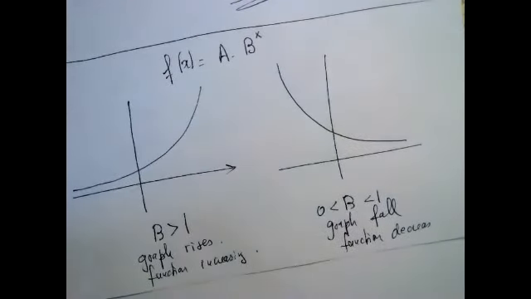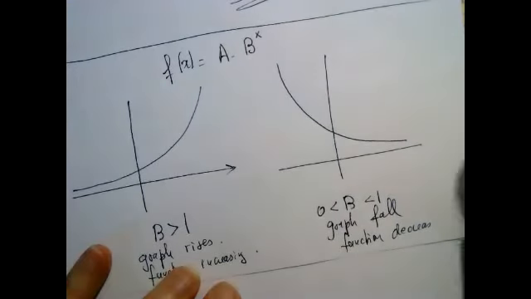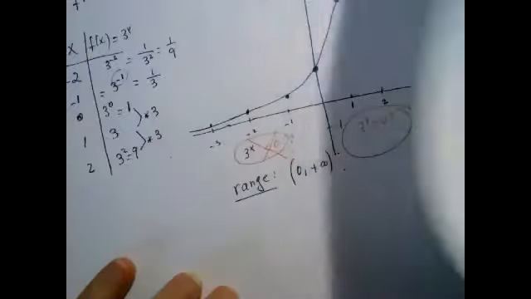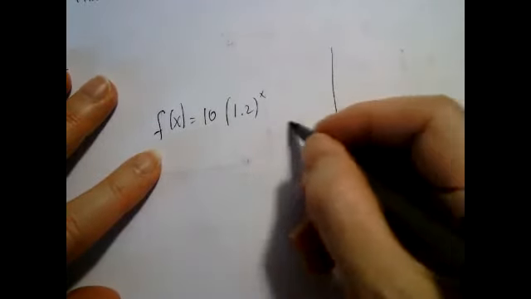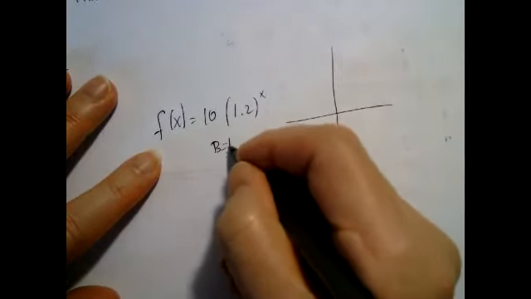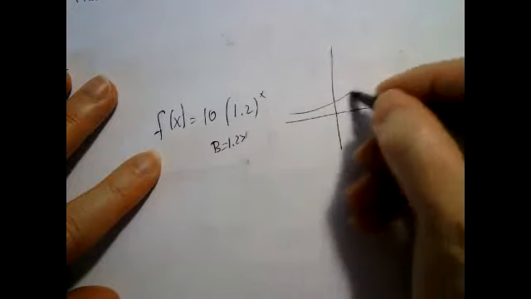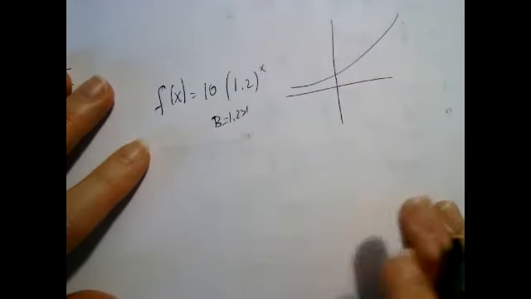So when I have an exponential function, we know immediately whether we're rising or we're falling, and this really depends on the b, bigger than 1 or less than 1. So the minute I give you an exponential, even though I don't ask you anything, so I tell you 10 times 1.2 to the power x, immediately I say, okay, my b is 1.2, bigger than 1, I have an increasing function.